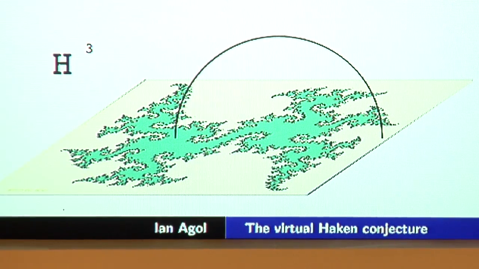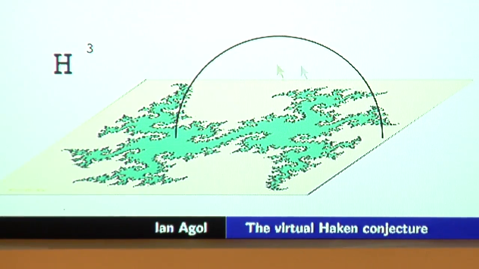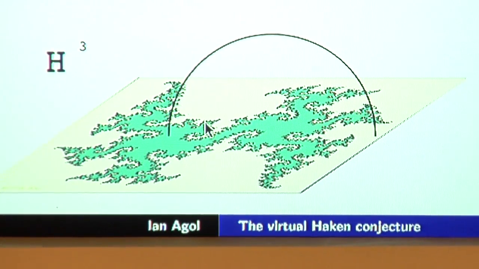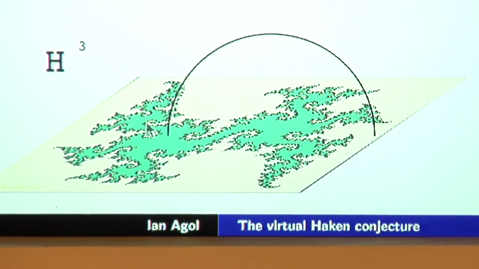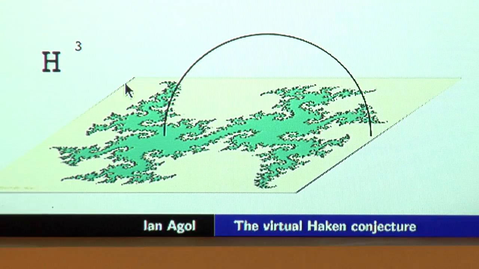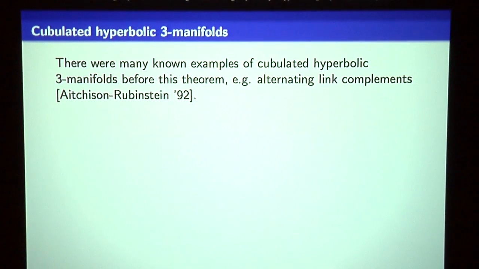I haven't explained Sageev's construction, but that's morally what's happening. There's this north-south dynamics where, as you iterate a stabilizer of this geodesic, the surface gets contracted down to one of the stable fixed points. And so that translates into a proper action. And when you have a proper co-compact action, then the quotient will be homotopy equivalent to the manifold. So that's where that theorem comes from.